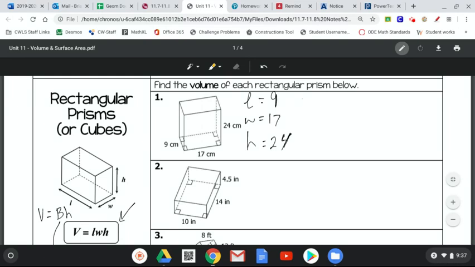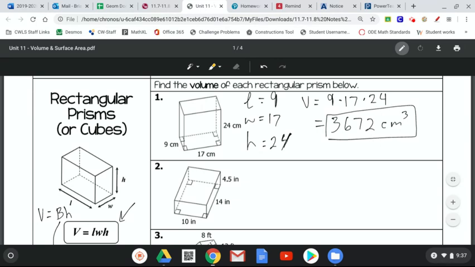So for this, to find the volume, we're going to do 9 times 17 times 24. And you just plug that in your calculator and you get 3,672 centimeters, and this is going to be cubed, okay? Centimeters cubed, because like I said, it's in 3 dimensions. It's the space taken up by that object.